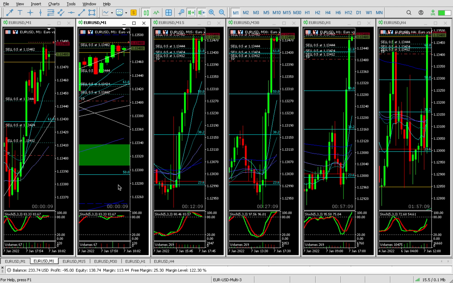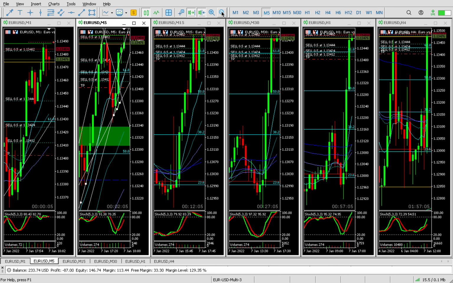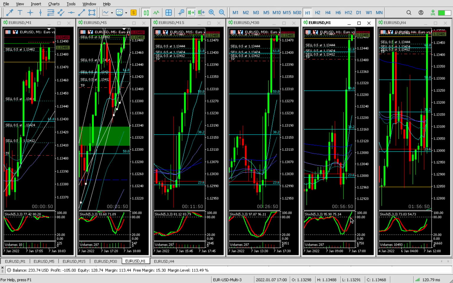I'm just looking at my indicator here, this stochastic oscillator. I've got multiples. Everything right now is overbought at the moment. Now look, the 1 hour has officially gotten overbought.